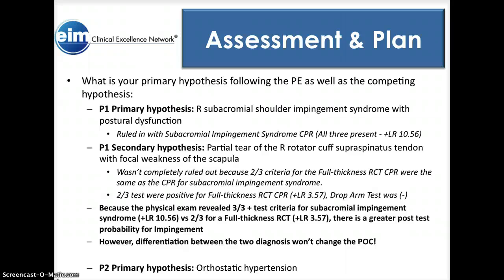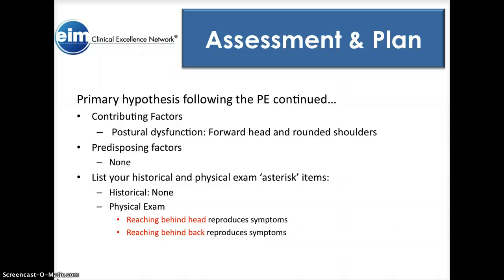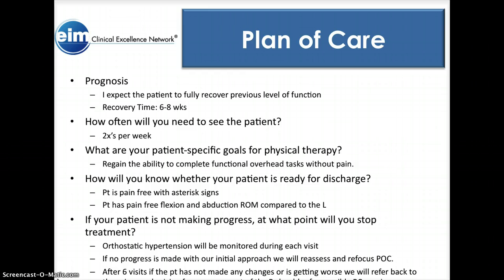But with both of these, whether primary or secondary, the treatment plan will be pretty much the same, and it won't really affect how I treat. The primary hypothesis of P2 was orthostatic hypotension because all the vestibular testing was negative. Contributing factors was postural dysfunction, no predisposing factors, and then we've gone through the asterisk signs of reaching behind the head and back.